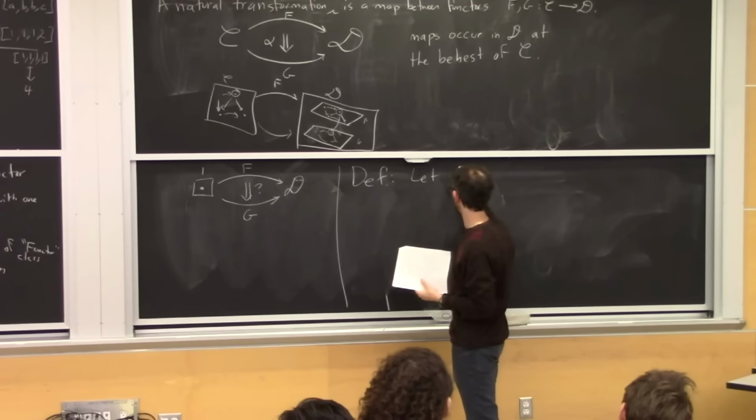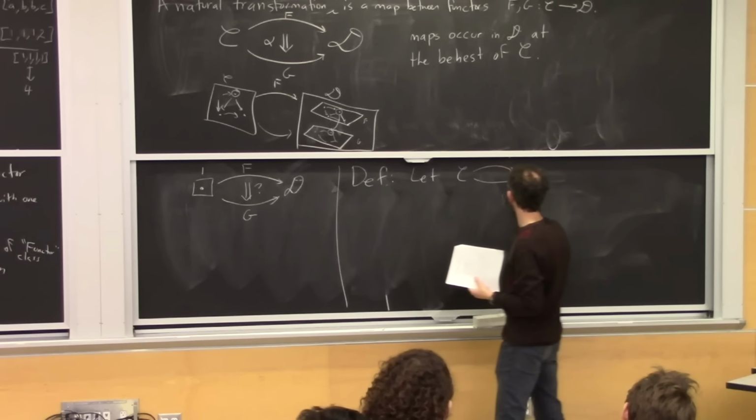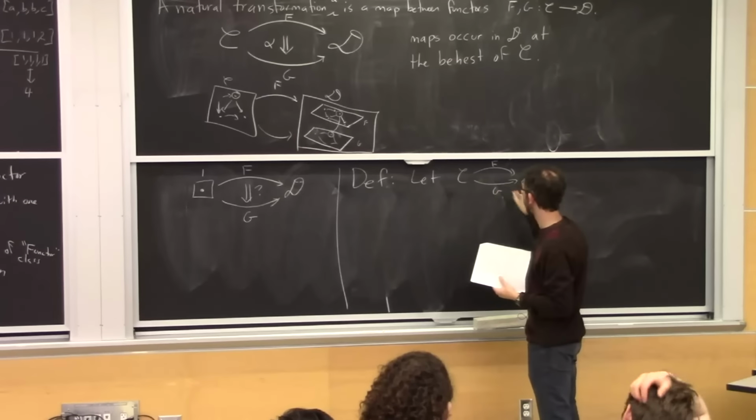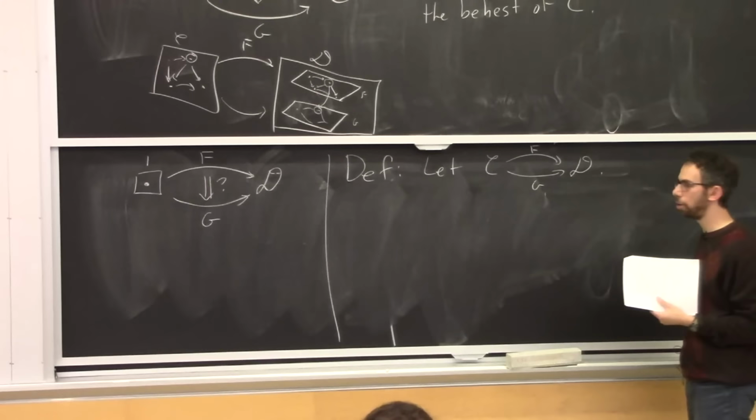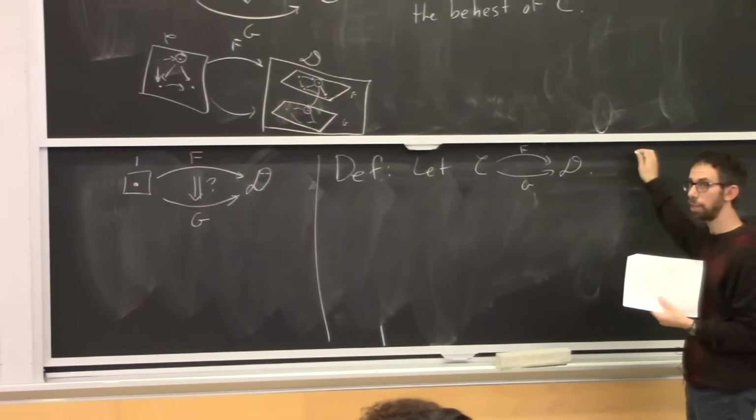Suppose you have two categories and two functors. I'm not going to write it out because of time.